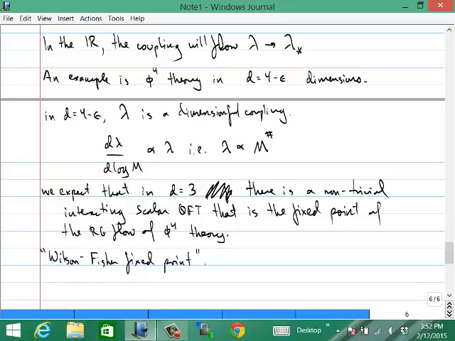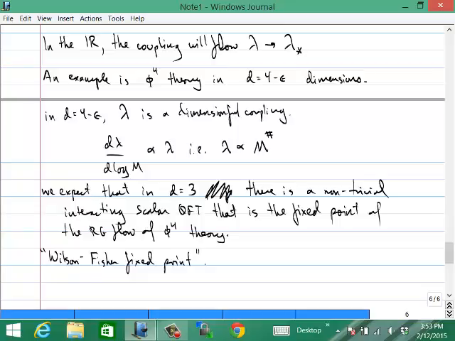And there are actual condensed matter systems that appear to be governed by this scalar field theory in the infrared. And this is what I'm going to discuss next time. In particular, next time I'm going to describe how we can use quantum field theory to make predictions for the properties of these condensed matter systems, in particular for the critical exponents.